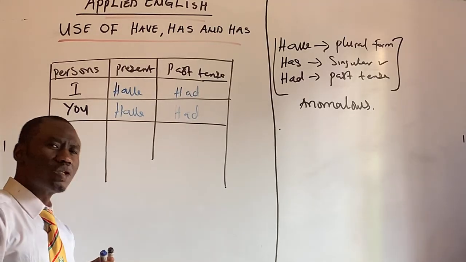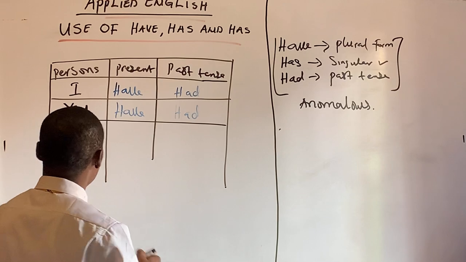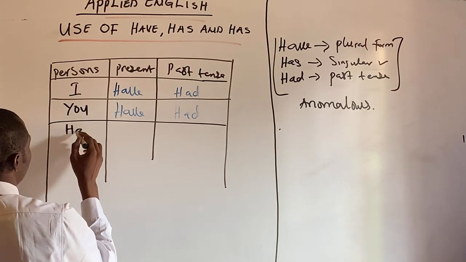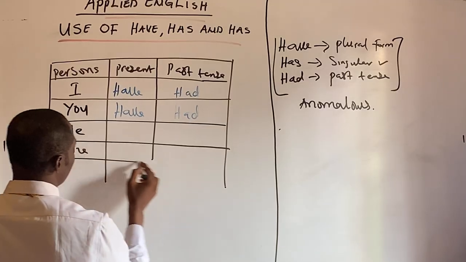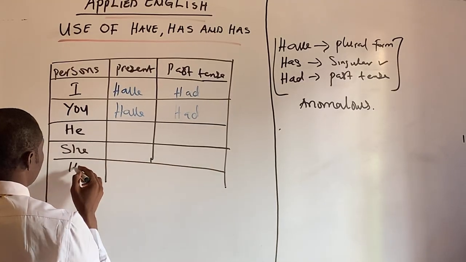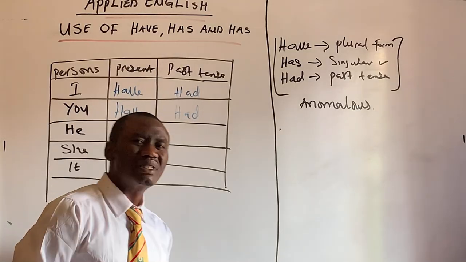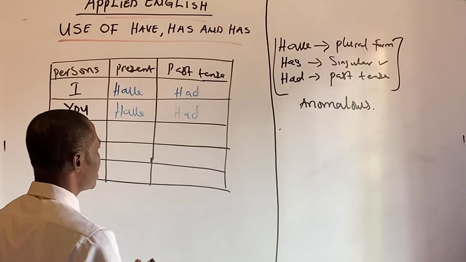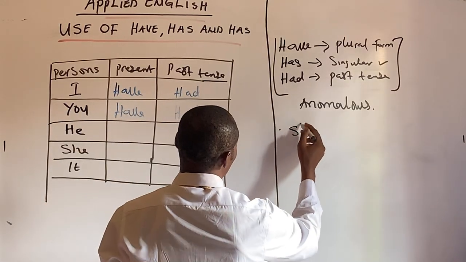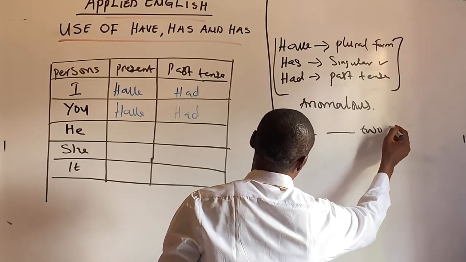All right, we go to the third person singular subject, where we have he, we also have she, we also have it. All right, what do we say? Do we say he has or he have? For instance, do we say she dash 2 pencils?